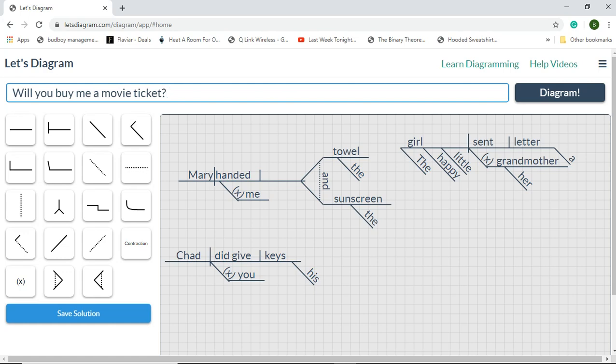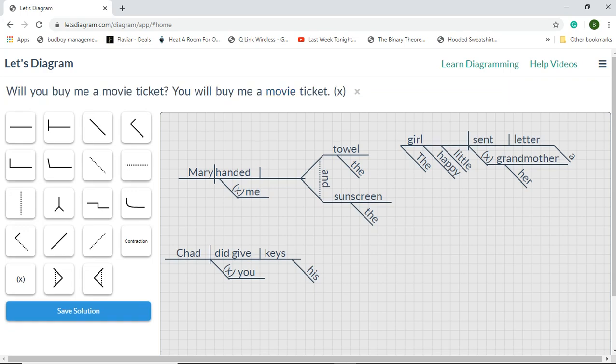Okay, so let's turn that into a statement. You will buy me a movie ticket. Period. And we're going to have our X for our indirect object. I know since you guys write that, it's a little easier. I have to put it up there though, so I can do it on the computer.